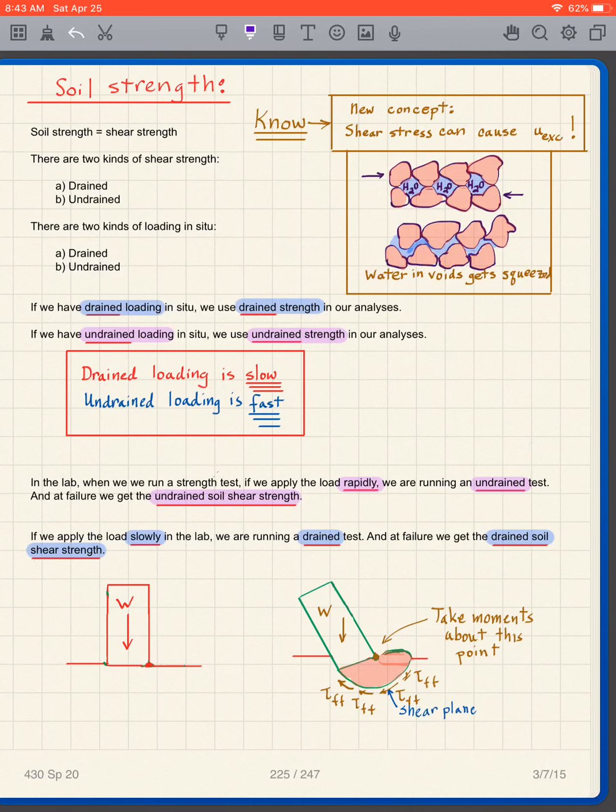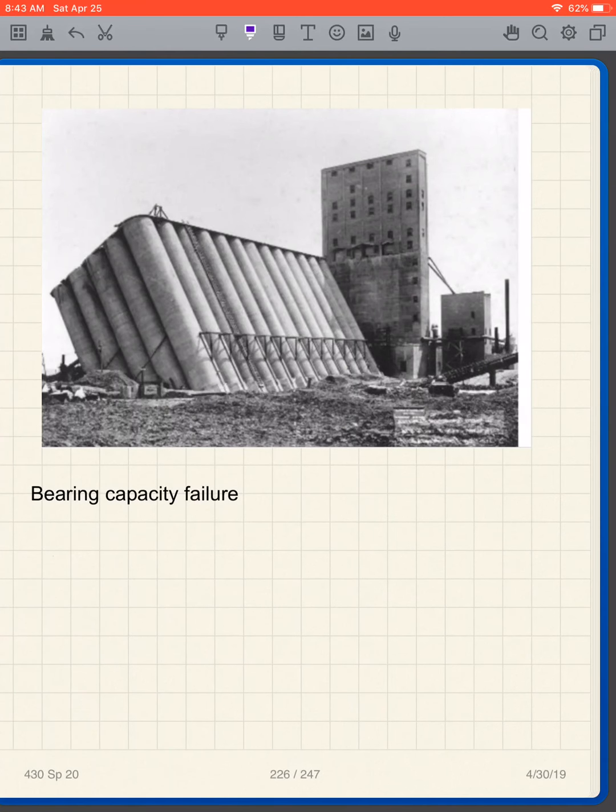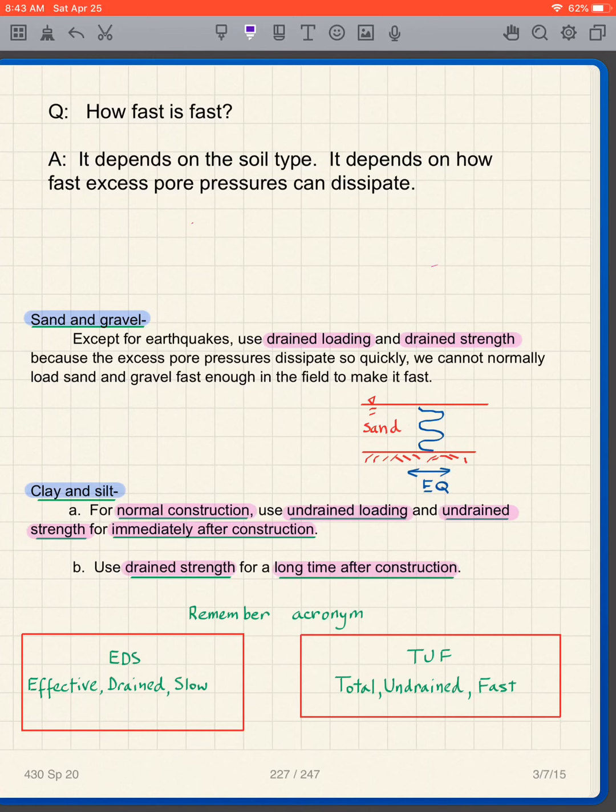Whereas if it is a clay or a silt, the excess pore pressure does not dissipate very quickly because water does not move very easily in clay or silt. So that is the concept, and that is why we end up asking the question, how fast is fast?